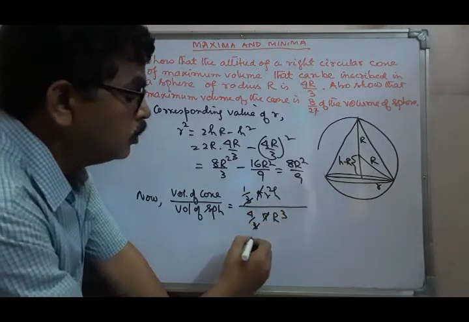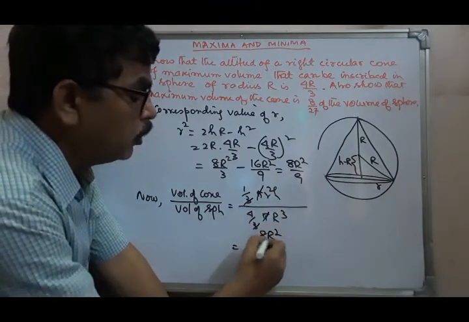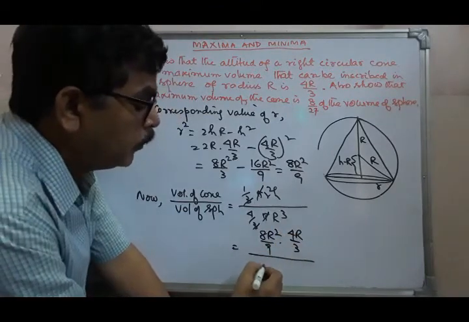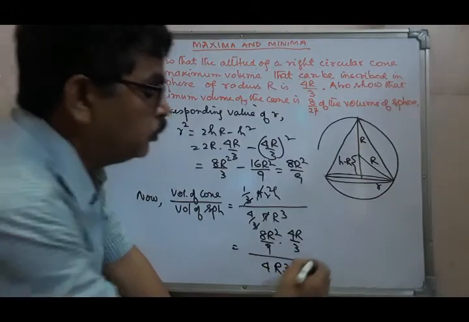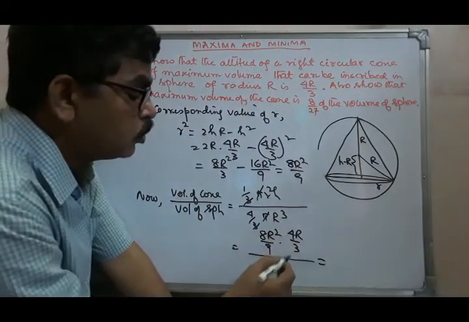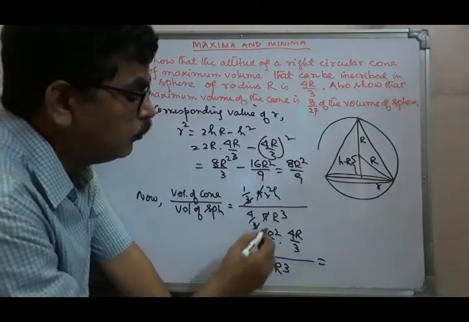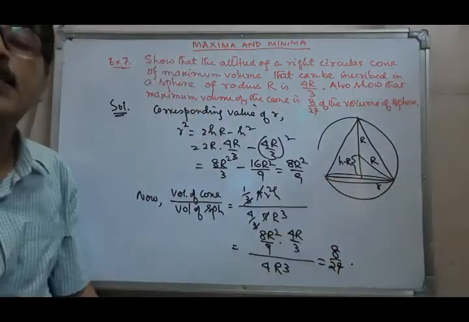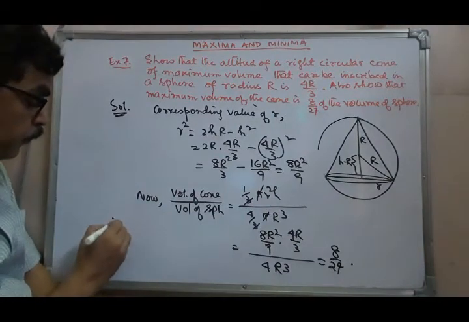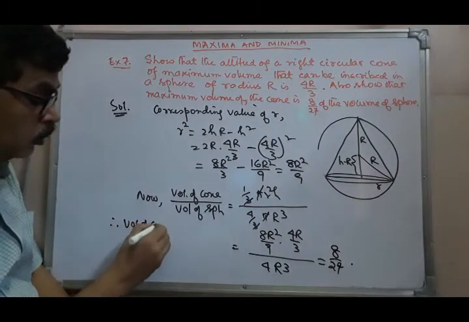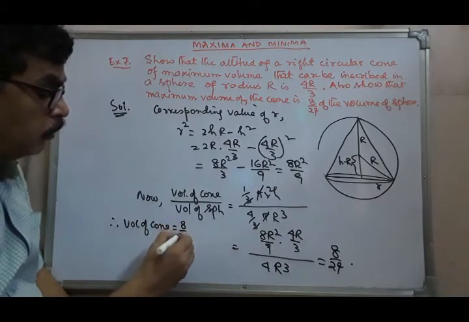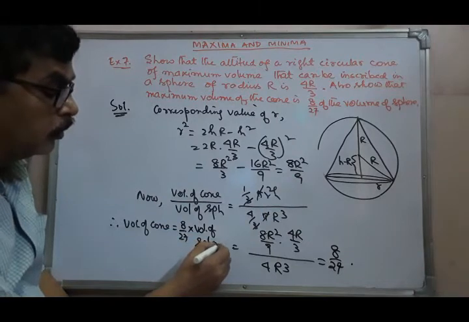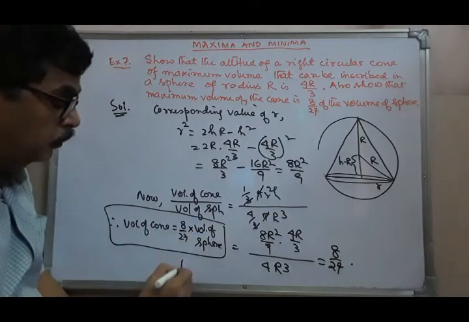Pi cancels, r square is 8R square by 9, h is 4R by 3, divided by 4R cube. So R cube gets cancelled, the 4s cancel, so 8 by 27. Therefore volume of cone equal to 8 by 27 into volume of sphere. Proved.